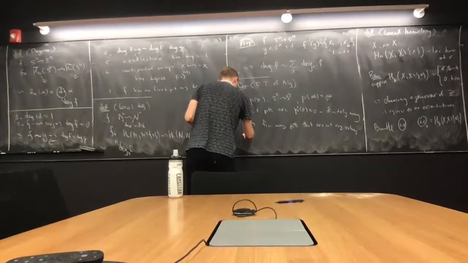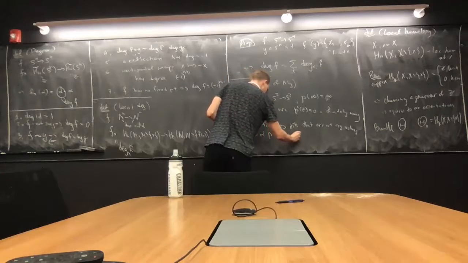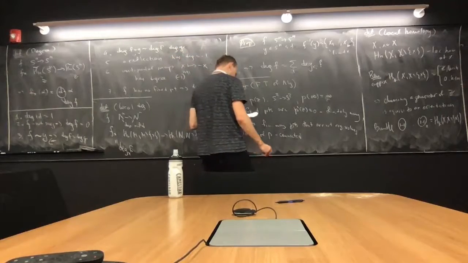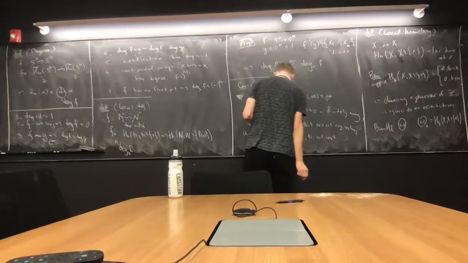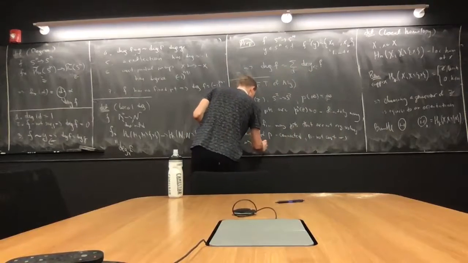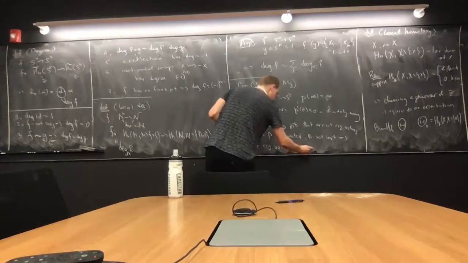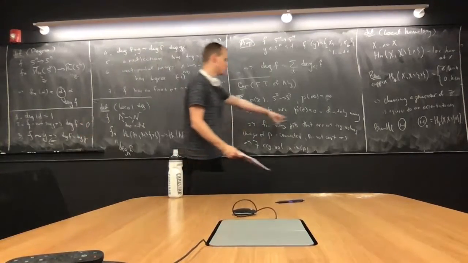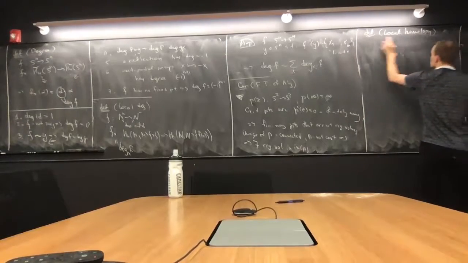Now, the image of P is connected because it's a continuous function. And P is not constant. Therefore, there exists a regular value in the image of P, because the image is infinite, right? And there are only finitely many non-regular values.